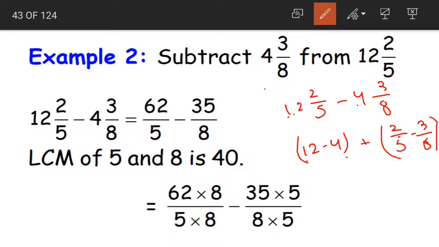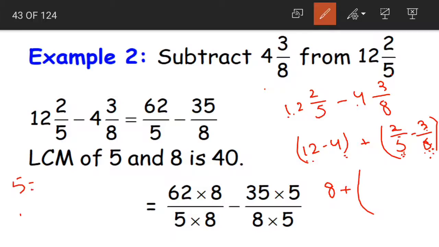Yes, 12 minus 4, do this separately, and 2 by 5 minus 3 by 8, let us do this separately. 12 minus 4 is how much? 12 minus 4 is 8 plus 2 by 5 minus 3 by 8. 2 by 5 minus 3 by 8. Again here 5 and 8 are two different denominators, so we need to take the LCM.